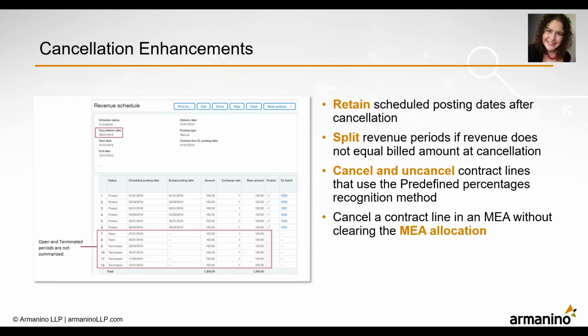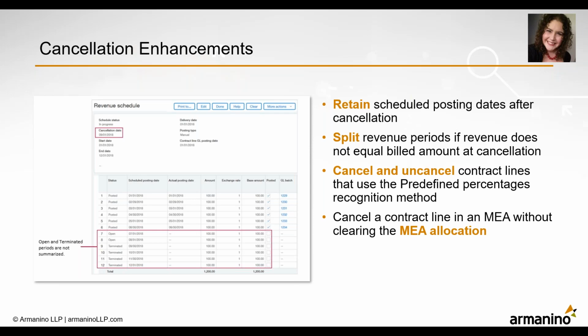So previously, when you canceled the contract line, the system on the revenue schedule summarized all of your open revenue periods that occurred prior to the cancellation date into one amount and scheduled it to post on the day before the cancellation date. And it summarized all open revenue periods that occurred after the cancellation date into one amount, changed the status to terminated, and scheduled it to post on the cancellation date.